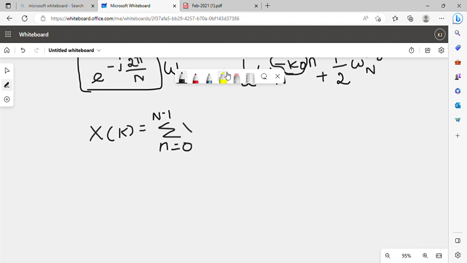Just a minute, students. It is my x of n into, wait a minute, x of n into e to the power of minus j 2 pi by n into kn, or I can write it as omega n kn, right?